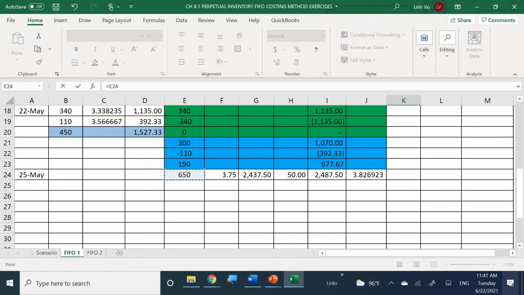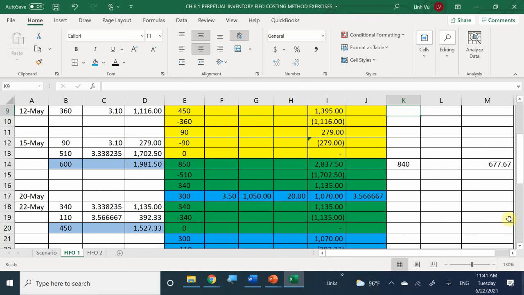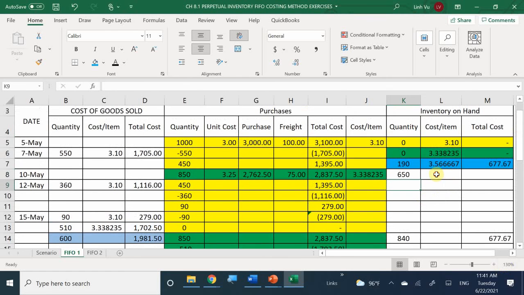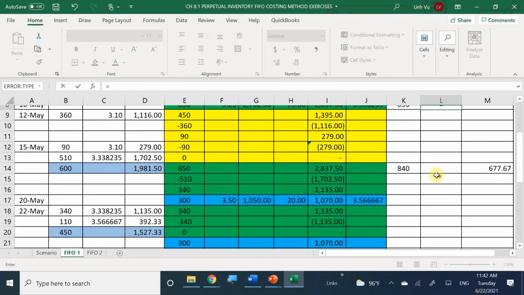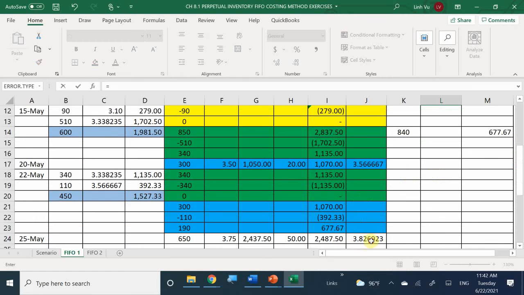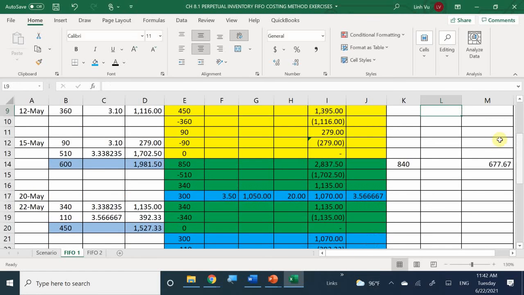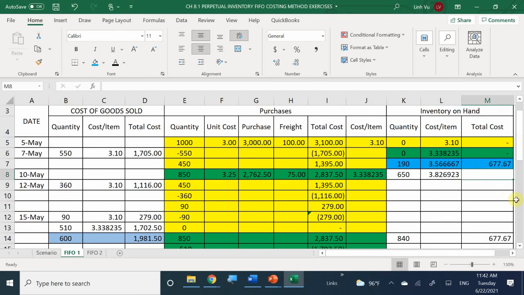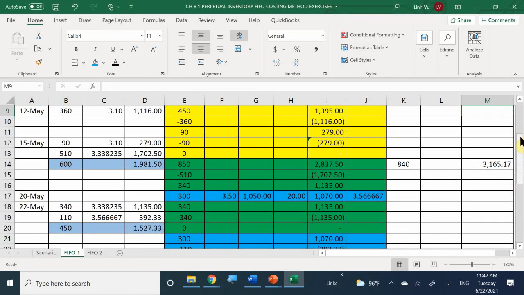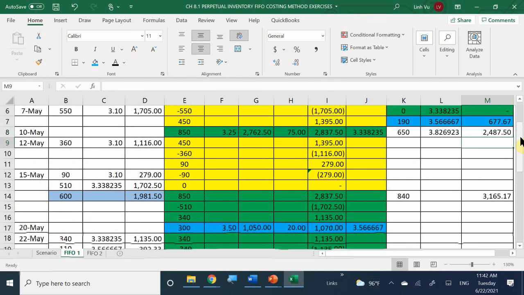I have an additional 650 units, costing me 3.8269, which gives me a total cost of $2,487.50. So my total goods available that I can sell is 840 units.